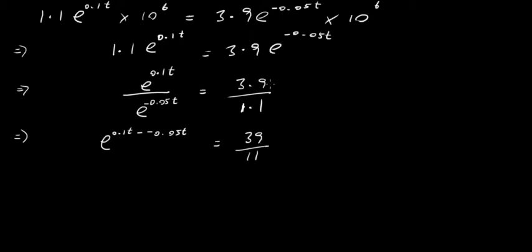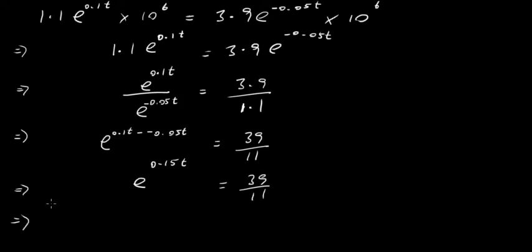I'm just going to get rid of these decimal points by multiplying top and bottom by 10. So that finally gives us e to the power of 0.15t, since we have a minus minus, equal to 39 over 11.